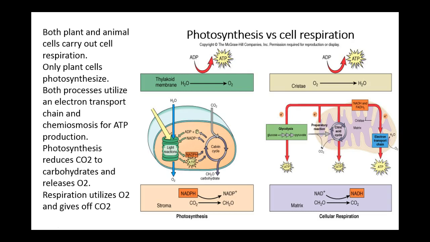With regard to the right side, just to review, in the cell cytoplasm, glycolysis is done, which breaks that 6-carbon sugar into 2-carbon molecules, which then go into the citric acid cycle.